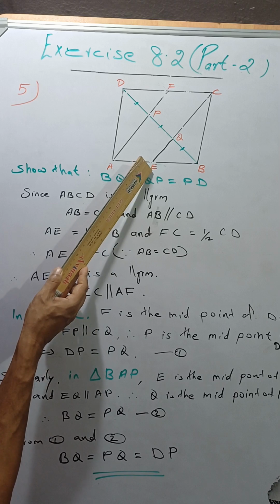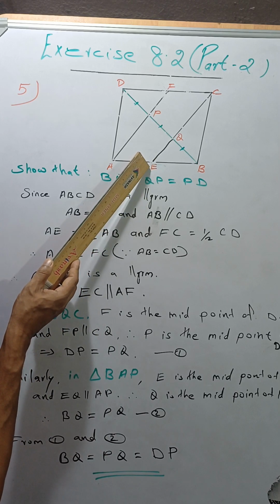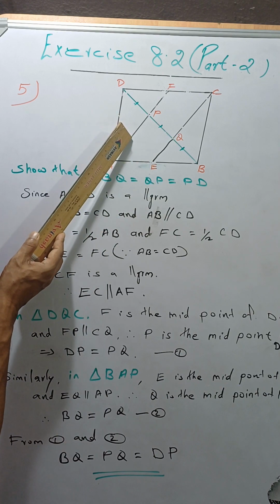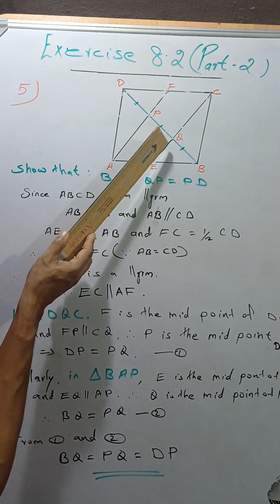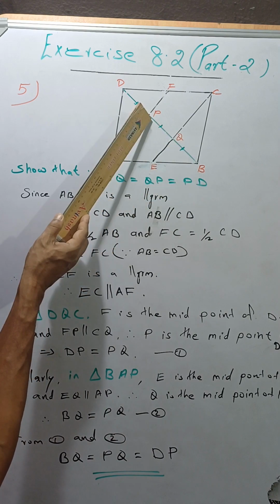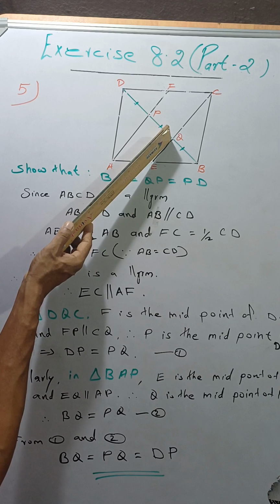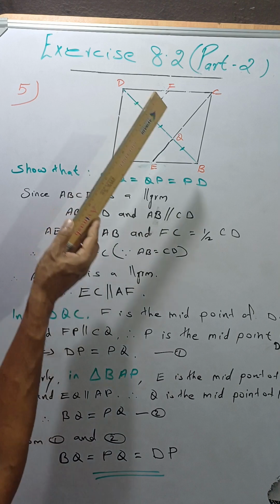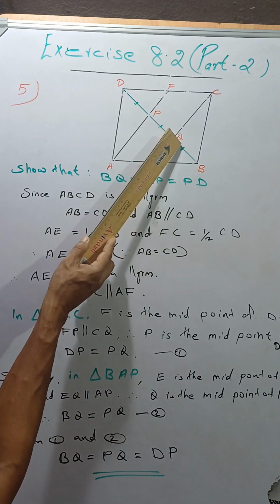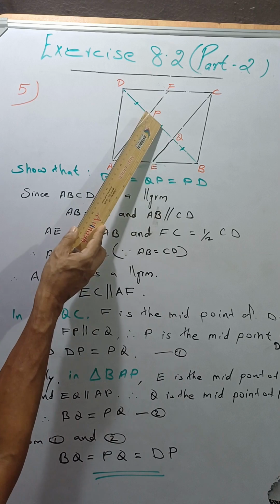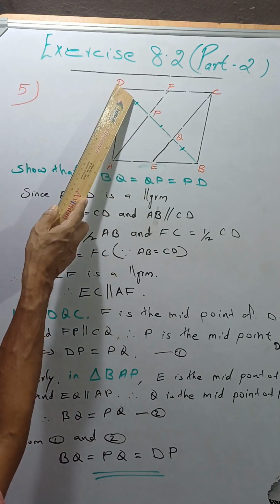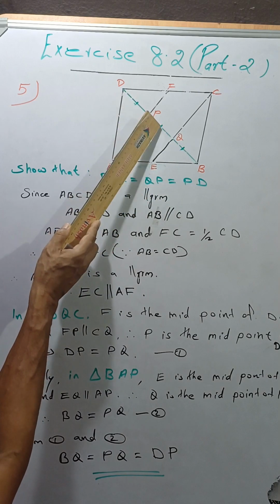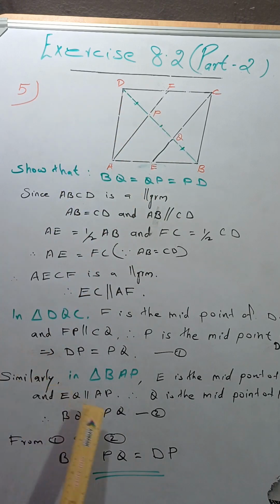E is the midpoint, and we are drawing a line segment parallel to the third side of the triangle, passing through the midpoint of one side, which means Q is the midpoint of the side BP, which means BQ and QP are equal. In the first triangle we got DP equal to PQ, and in the second triangle BQ equal to QP, which means these three parts are equal.